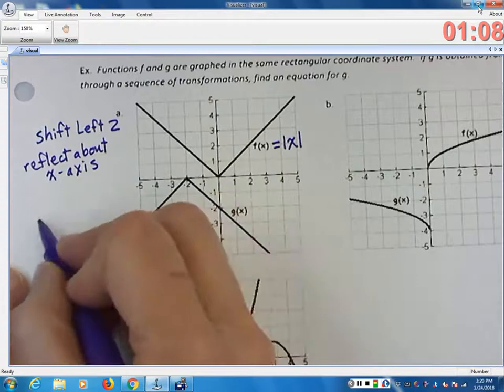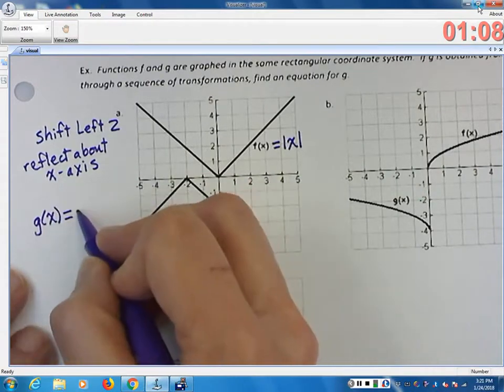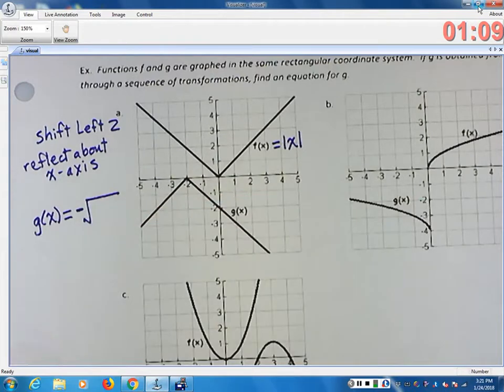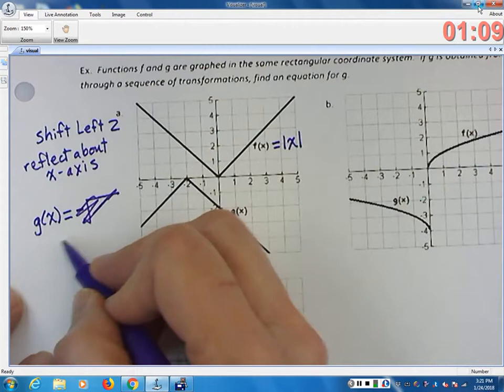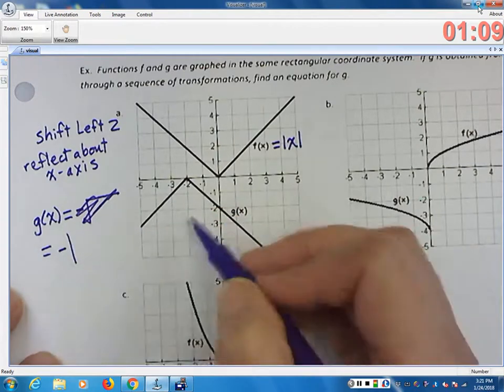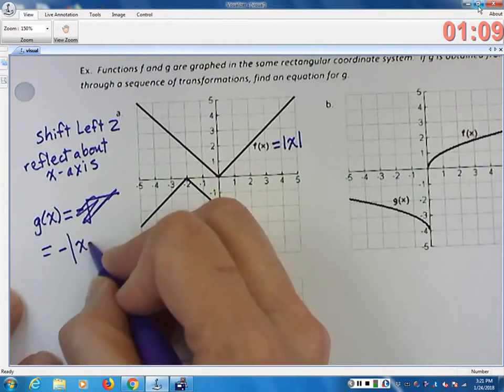And when you're reflecting about the x-axis, it changes y. So g of x is going to be, the subtraction sign is outside the absolute value. And we're going to be shifting left 2, which is adding 2 on the inside.